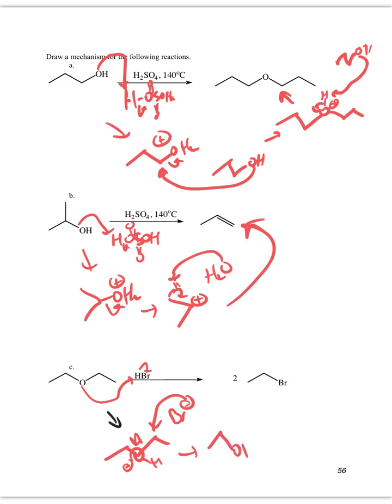That gives us an ethanol and an ethyl bromide. The ethanol goes and grabs a hydrogen off of HBr to give us another protonated oxygen with a positive charge, and the second equivalent of bromide can come in and displace it to give us our second ethyl bromide. And we drew that earlier in this section also.